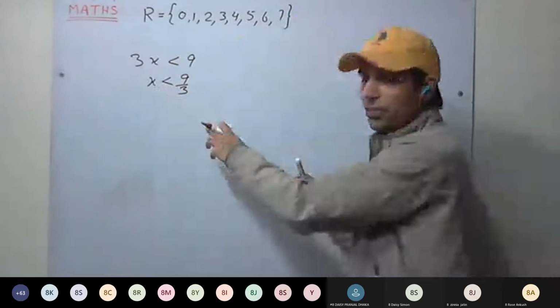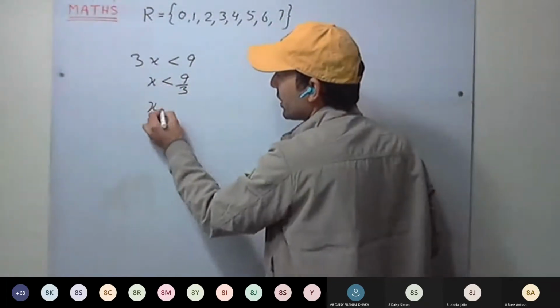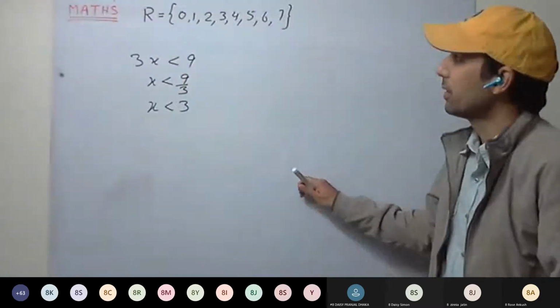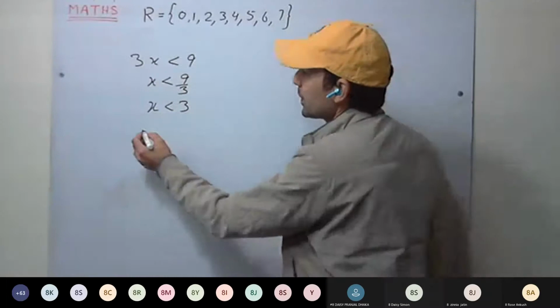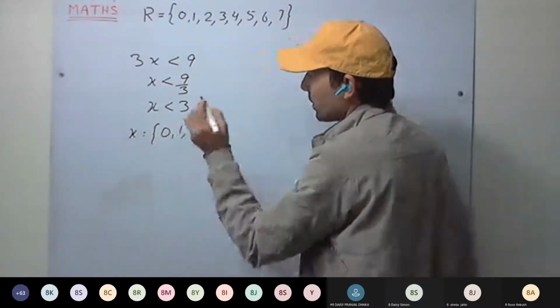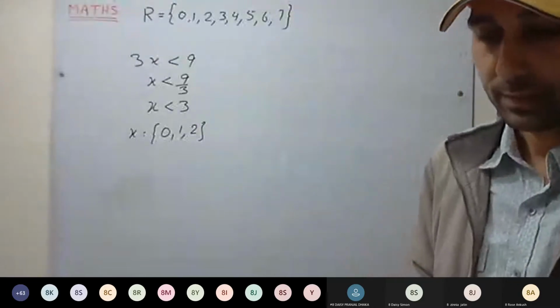See, we are dividing by a positive number, no change in sign. Understood? We are dividing by a positive number. So x less than 3. So what will be the answer? 0, 1, 2. Understood? Do the next one.